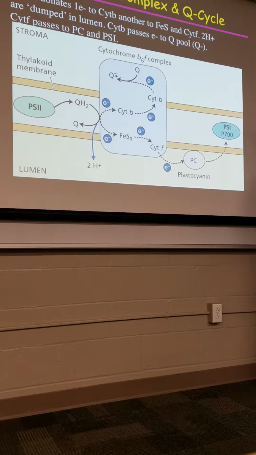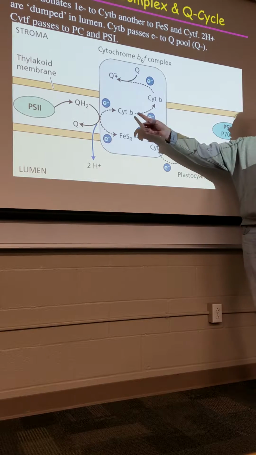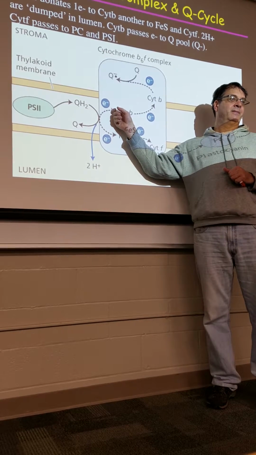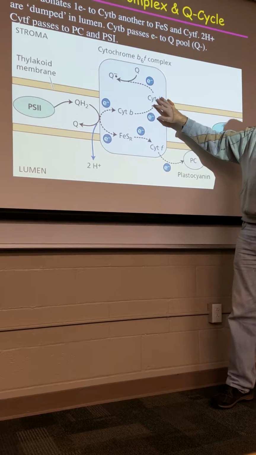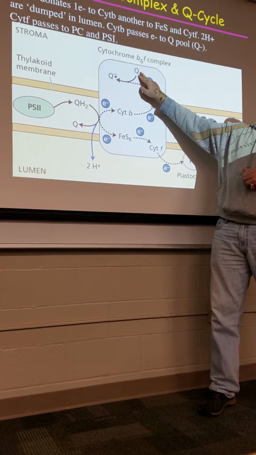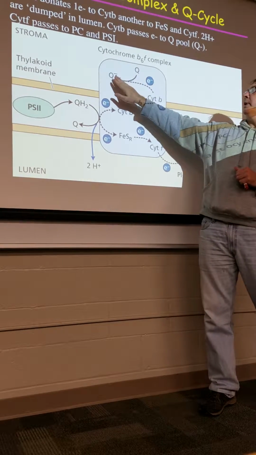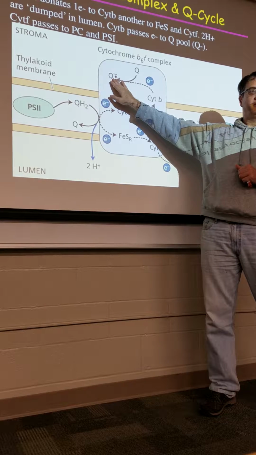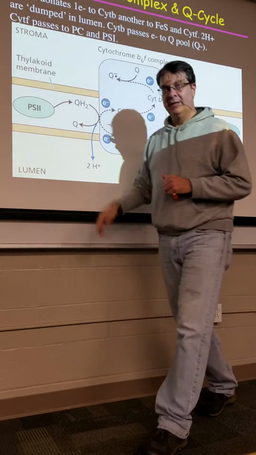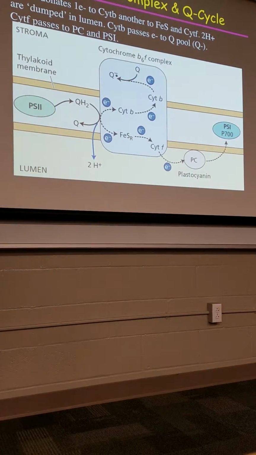What happens to the one that was the cytochrome B electron? Exactly. What's going to happen is that this is going to donate an electron to quinone, making a semiquinone. What do you think happens?